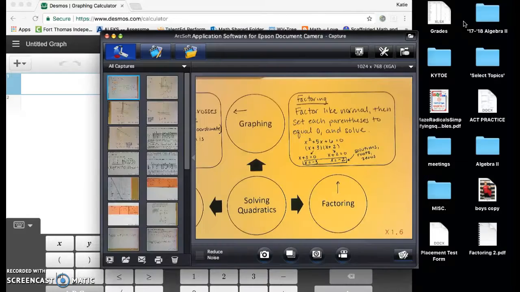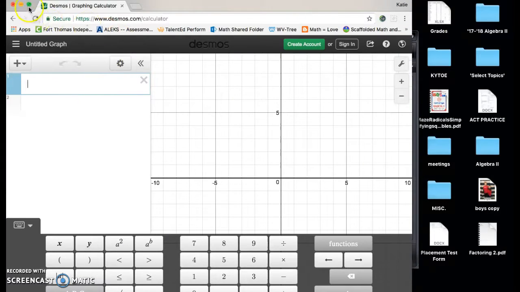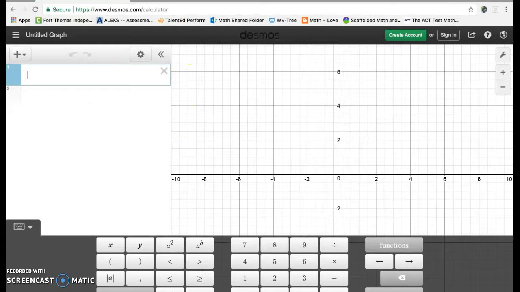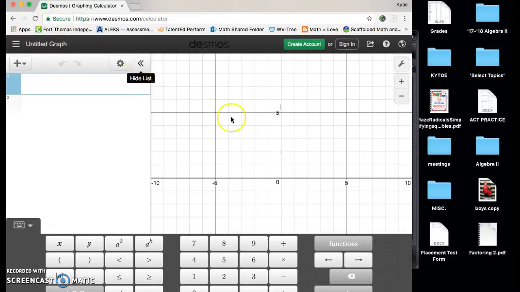First, the graphing. Here I am on Desmos, Desmos.com. You can type in an equation and then it shows you the graph, which is really great.